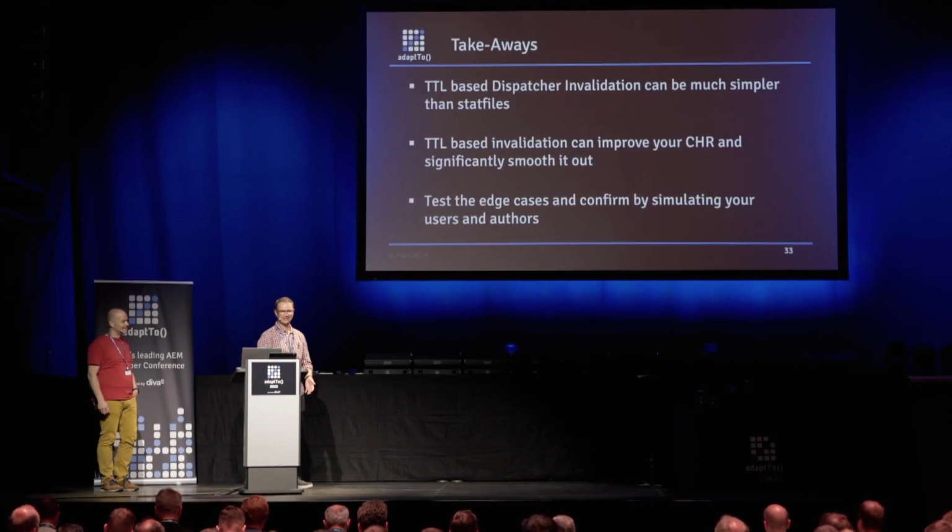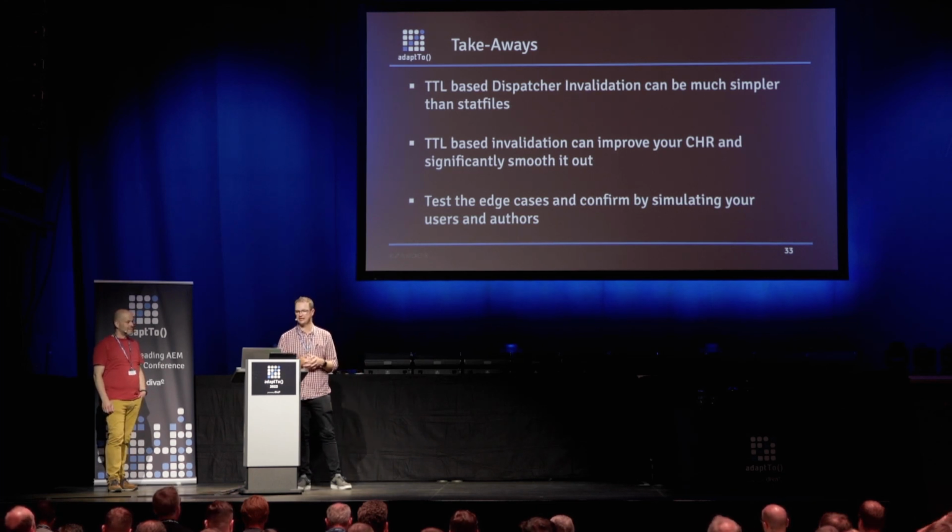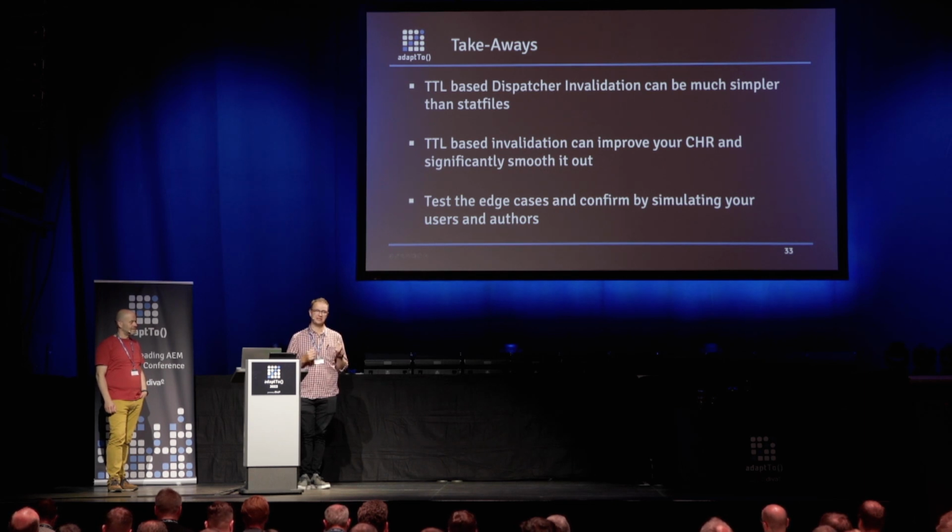So takeaways. I'm sort of reiterating what Ben said, but basically, time-to-live-based dispatcher invalidation can be much simpler to set up than a complex statfile invalidation approach. It can improve your cache hit ratio, and it significantly smooths out that graph.